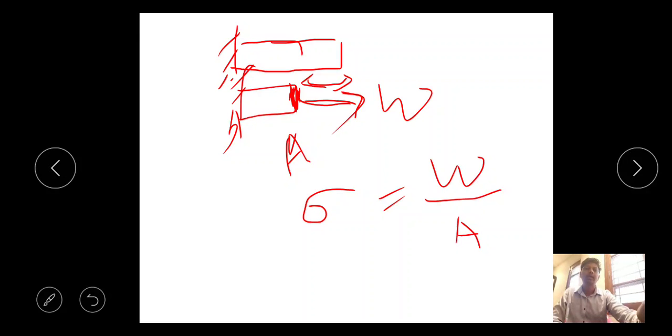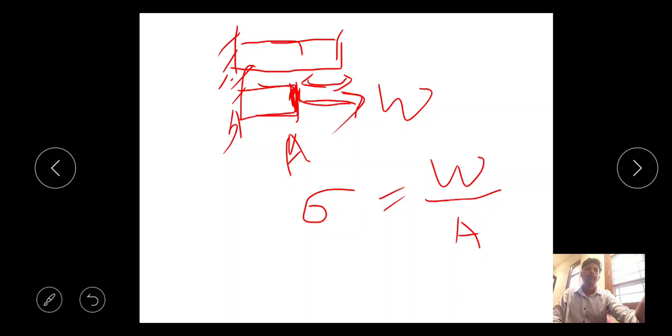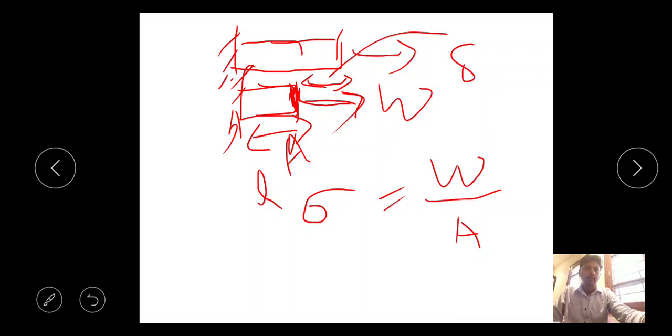It will be elongated like this. When you apply a force, it will elongate. The original length was L. The small change in length is called delta L. Delta L means small change in length.